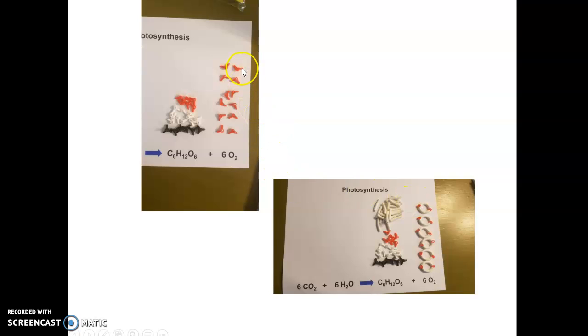So you'll have, as shown over here, your 12 oxygens, and then all you need to do is add bonds to them to assemble them with double bonds. Once you have completed that, then we'll move on to how to create the glucose molecule, which is a little more complex to put together.